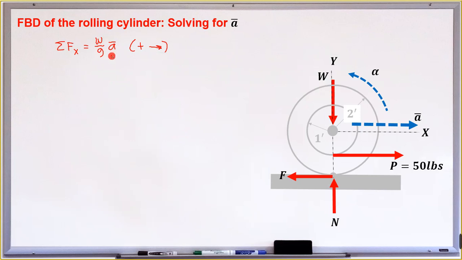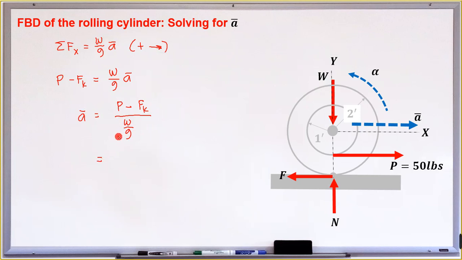So let's solve for a bar. The only forces that act horizontally are the frictional force and the applied force P. P is positive because it is going to the right. So P minus the frictional force equals weight over g times a bar. Our a bar is P minus frictional force, all over weight over g.